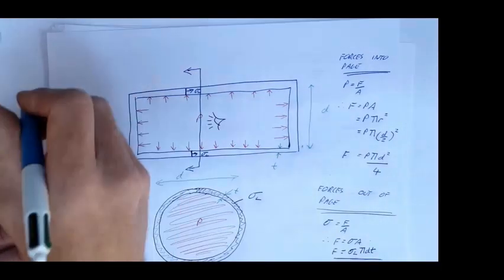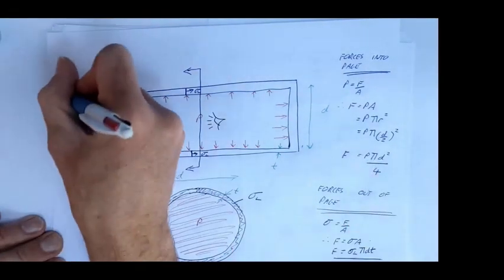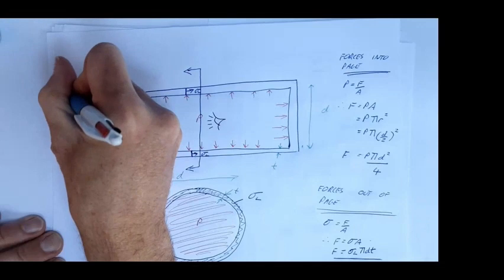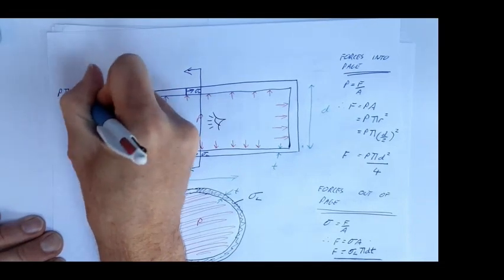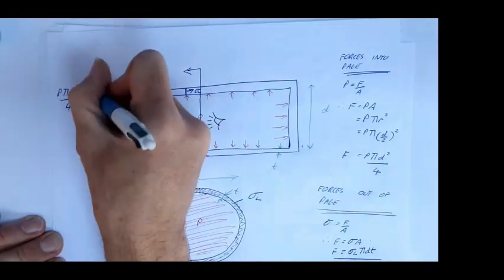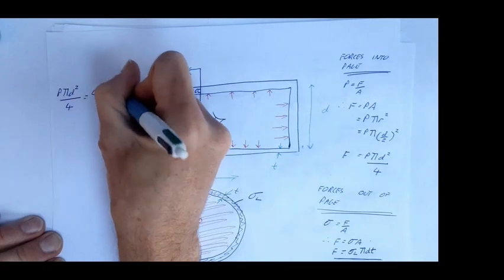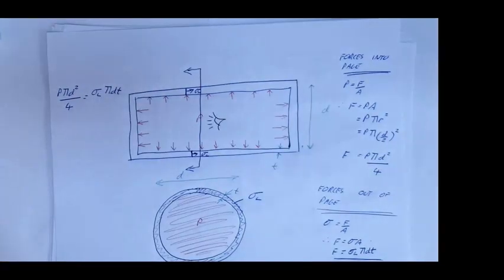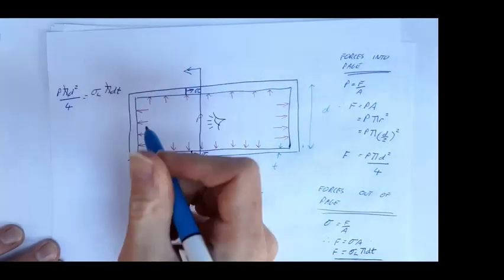So P pi d squared over 4 is equal to sigma L pi d t.